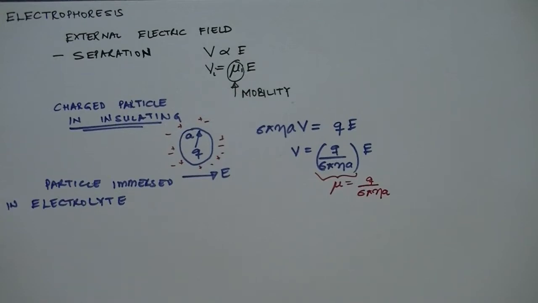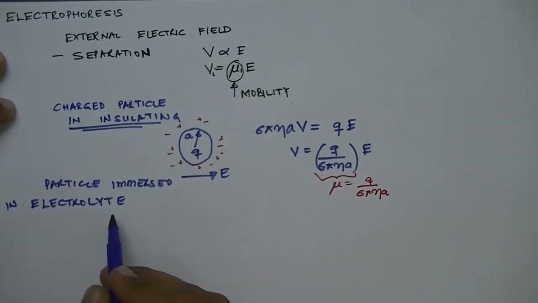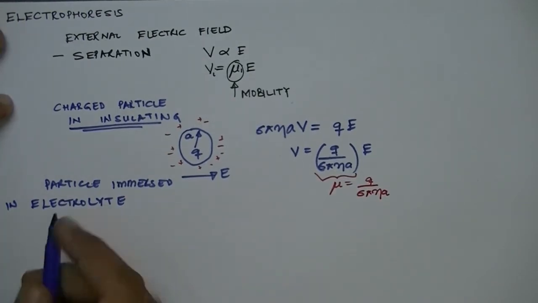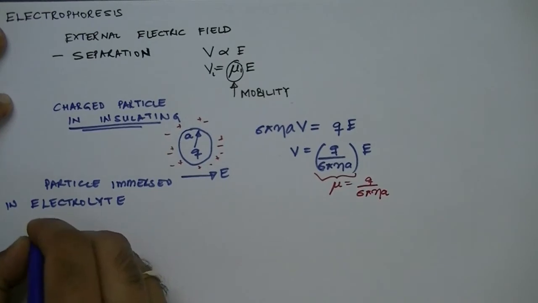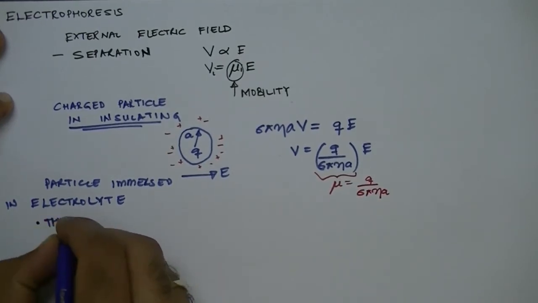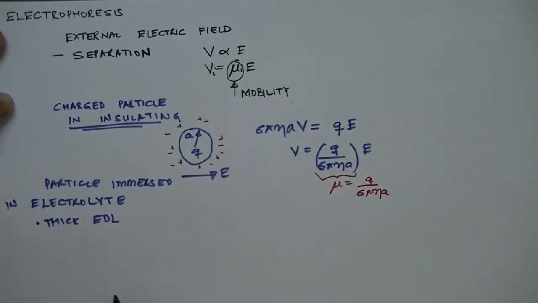Now we've already seen that on a charged surface there is a formation of an electrical double layer, and to understand how a particle immersed in an electrolyte solution behaves under an applied electric field, we'll look at two limiting cases. The first limiting case that we look at is for thick electrical double layers.